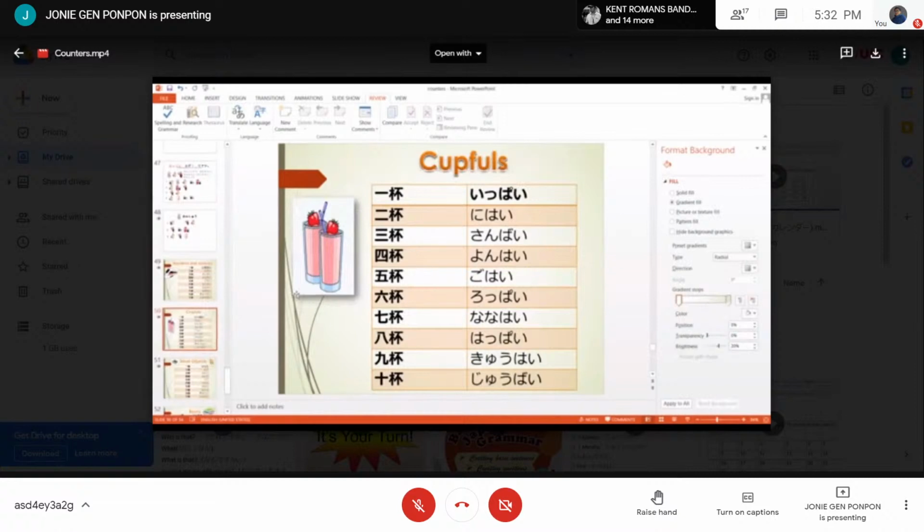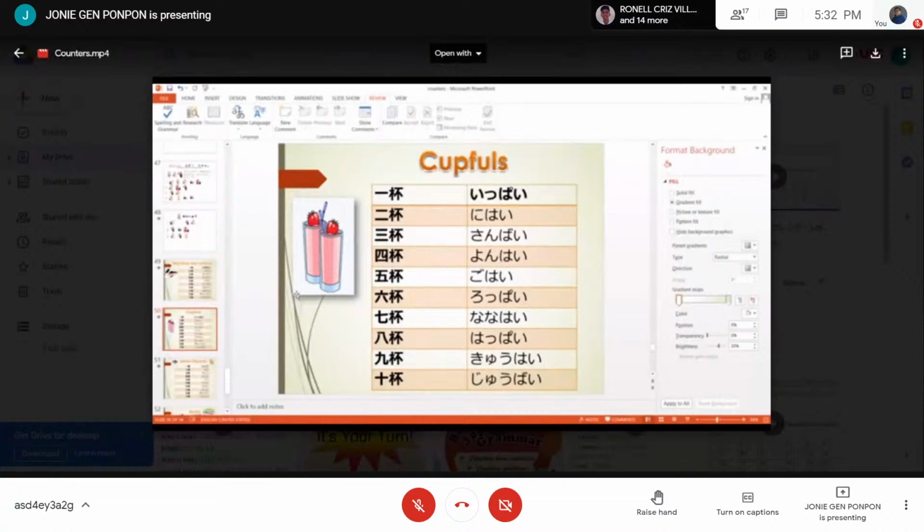Next, let's have for cups or glasses. Example here is yung mga drinks. Let's say you're in a dinner party and the waiter gets your orders.